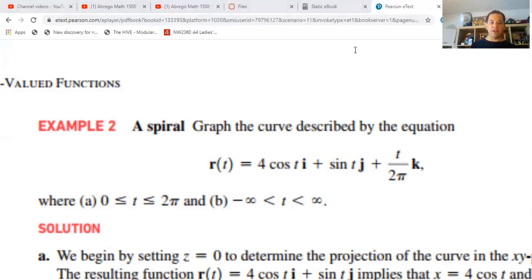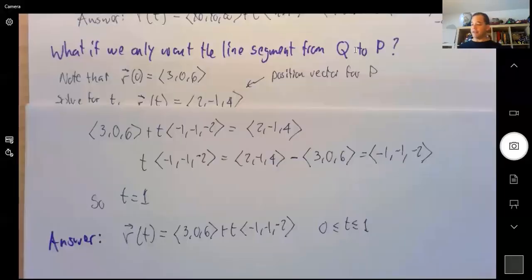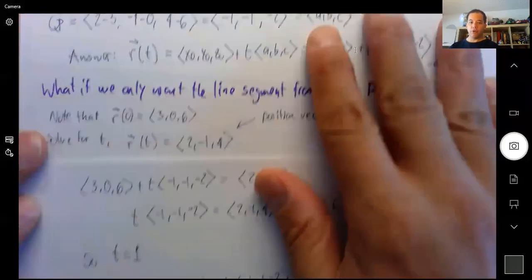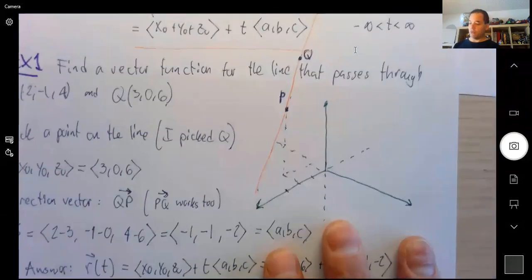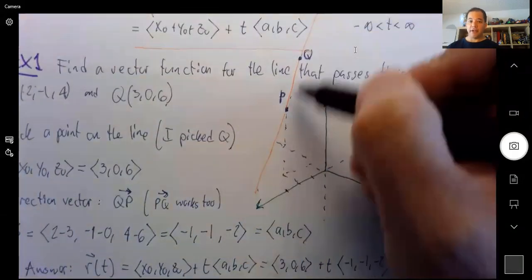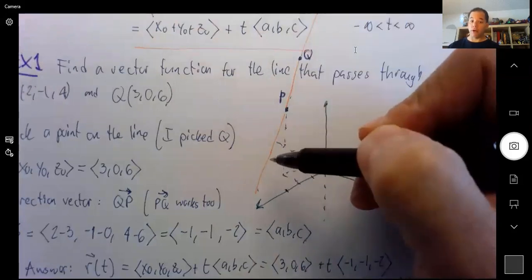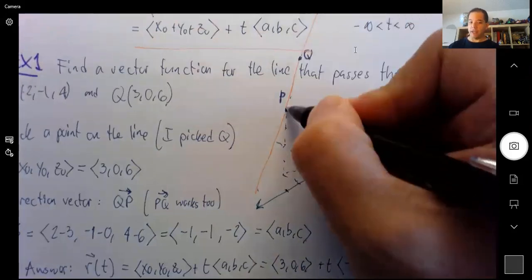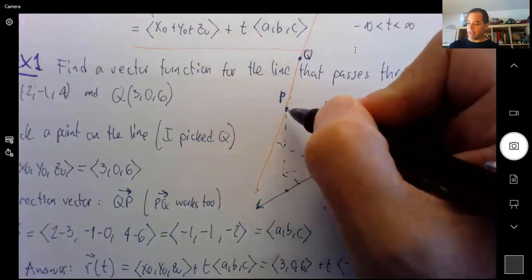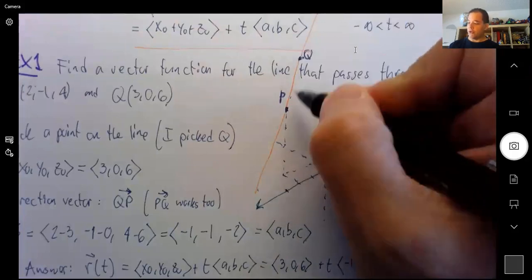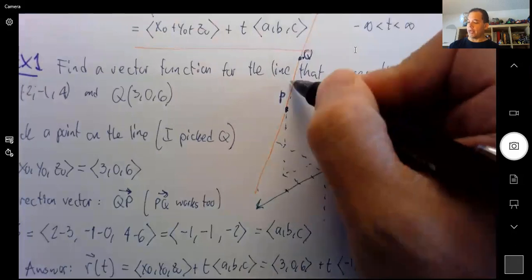So in general, when you want to do a line, you want to find a direction vector for this line. And there's many that work. So I chose from Q to P, but you could also do from P to Q, or you could even do from P to Q half of that, right?